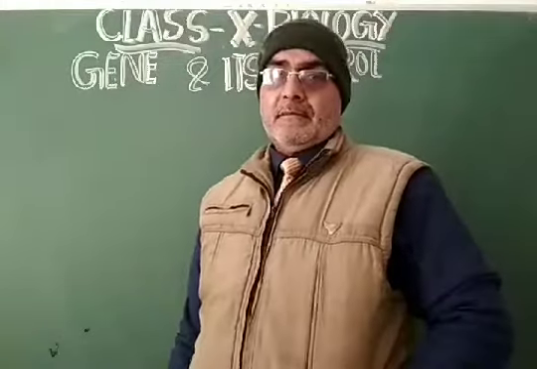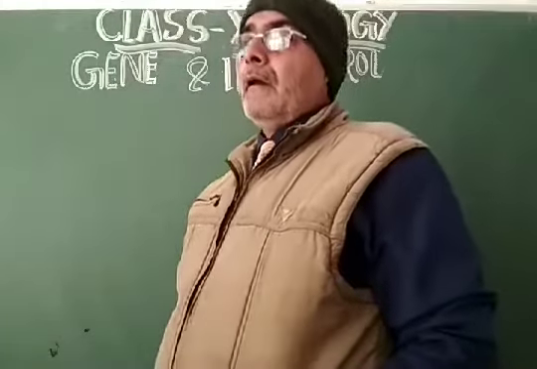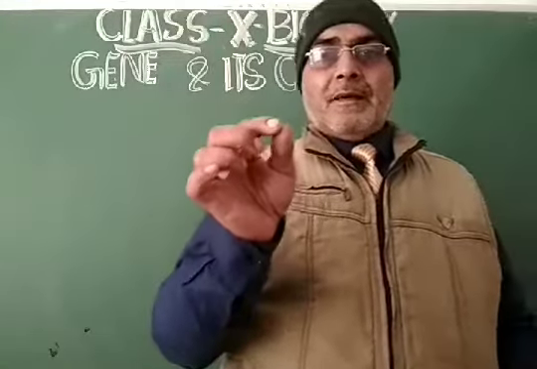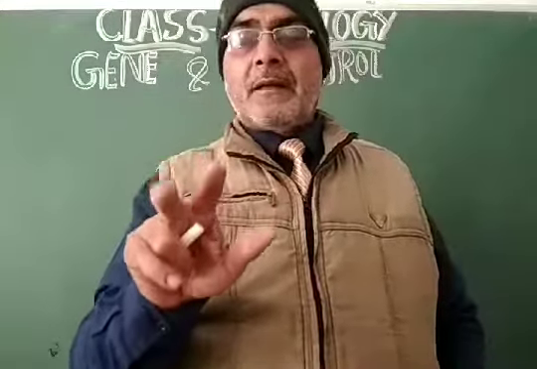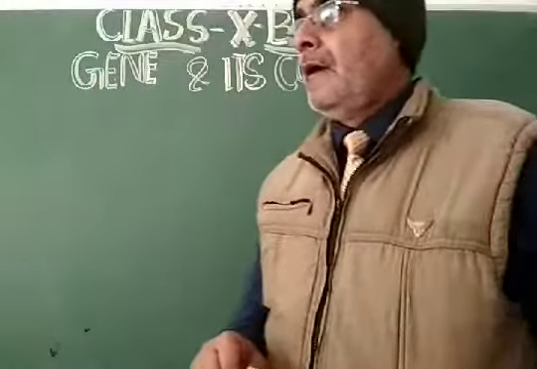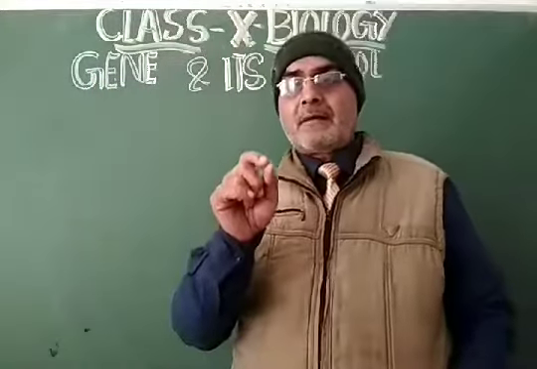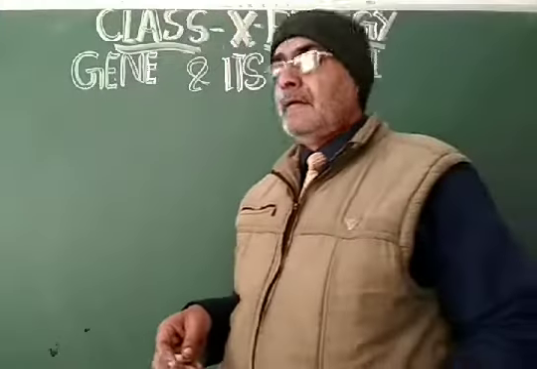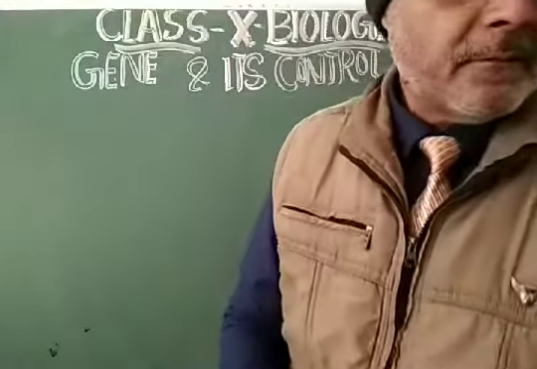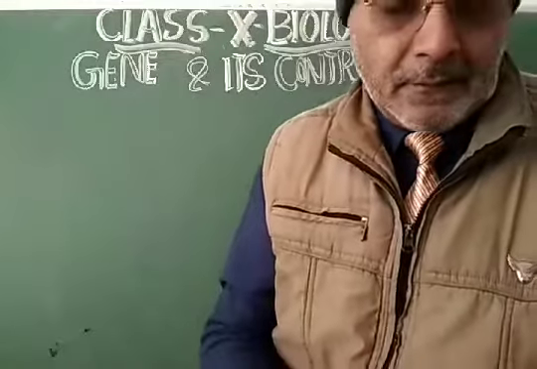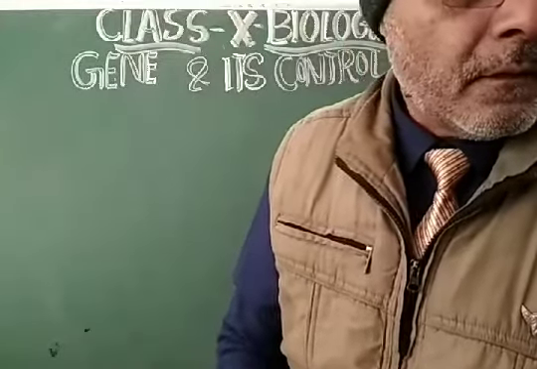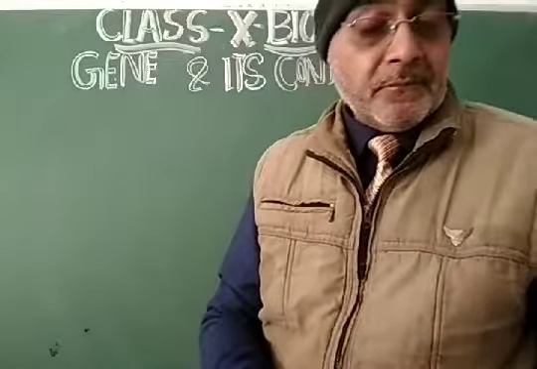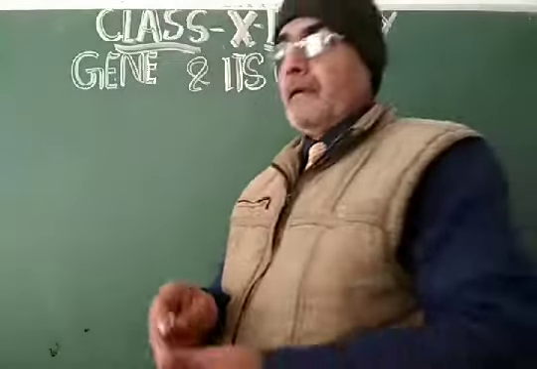what are the genes? Actually, there are 4 nitrogenous bases that are present in the DNA. And if you recall the structure of the DNA, the DNA has a double helix structure, a double helix of sugar and phosphate along with the nitrogenous bases.